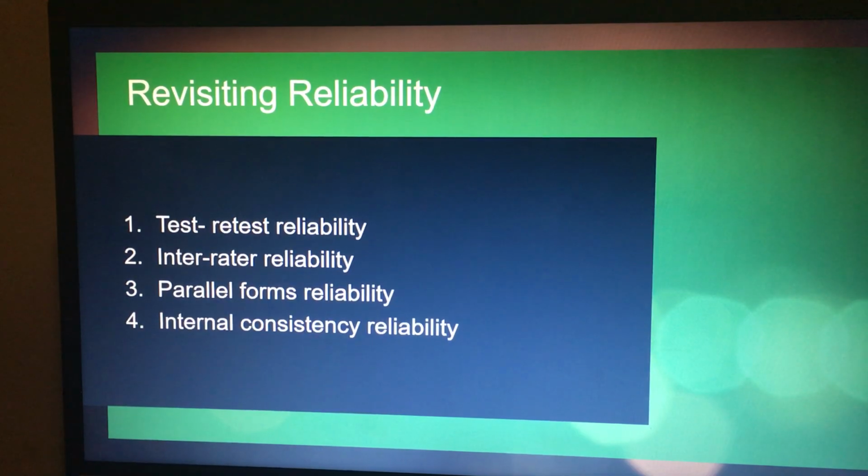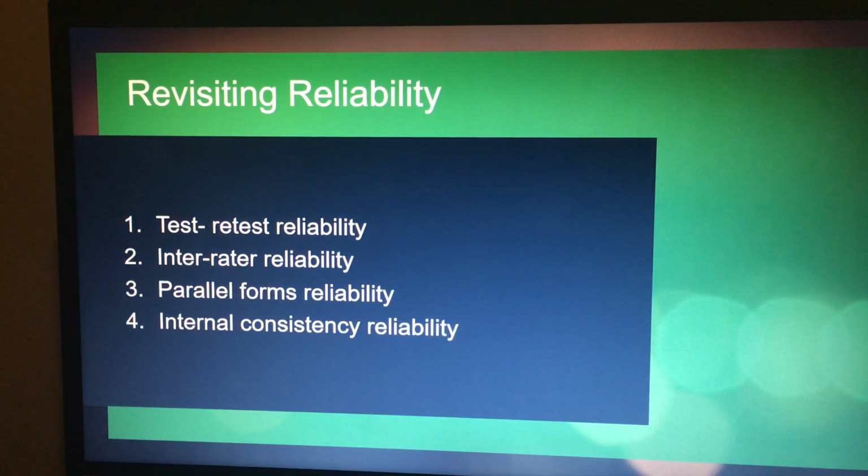The 2 versions are administered to the same group of individuals, students, or patients, and the correlation between the scores on the 2 forms is then calculated. A high correlation indicates that the 2 forms are equivalent and that the test has good parallel forms reliability.